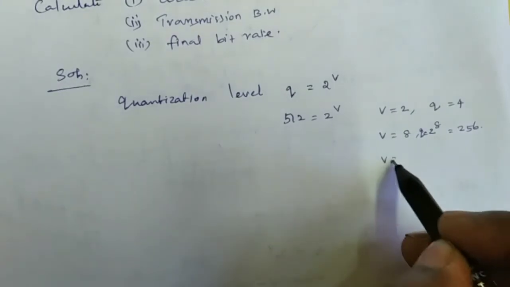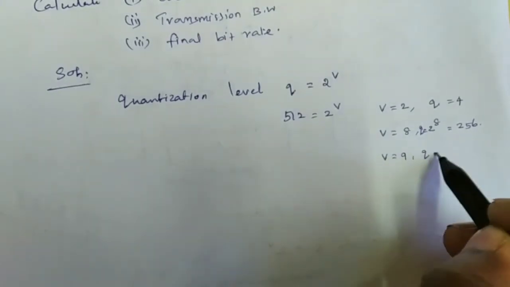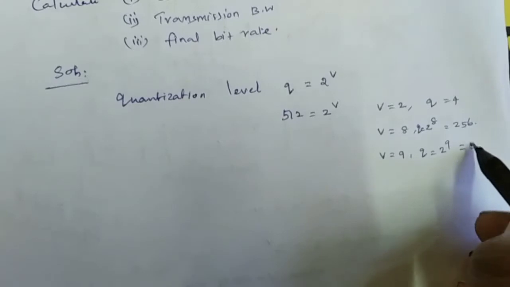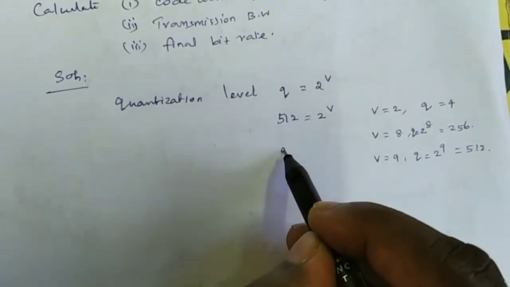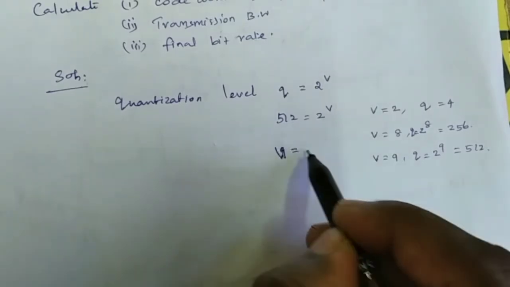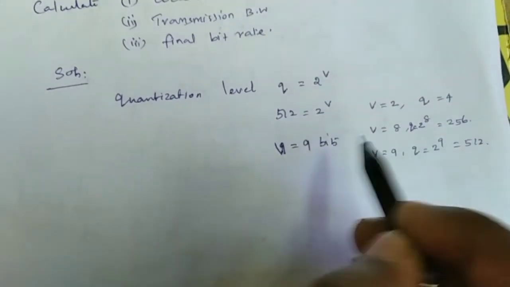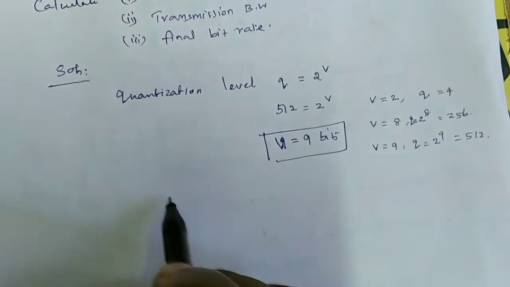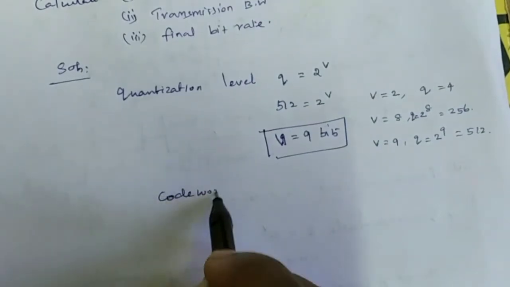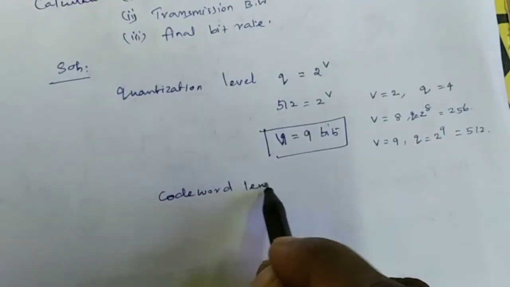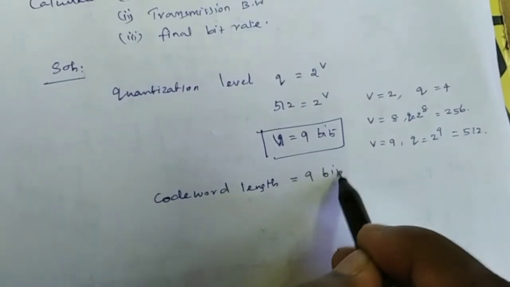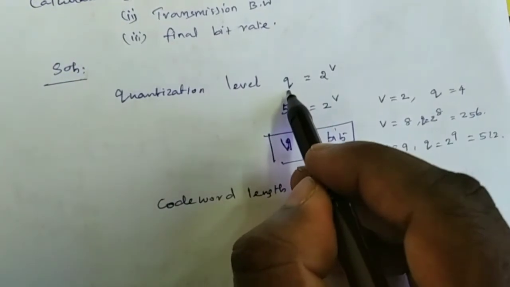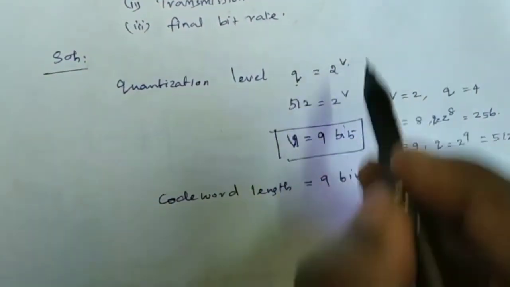When you apply V is equal to 9, Q is equal to 2 power 9, which is 512. Therefore V is equal to 9 bits. So this is the code word length. The code word length is equal to 9 bits. It depends upon the quantization levels, and V is the number of bits.